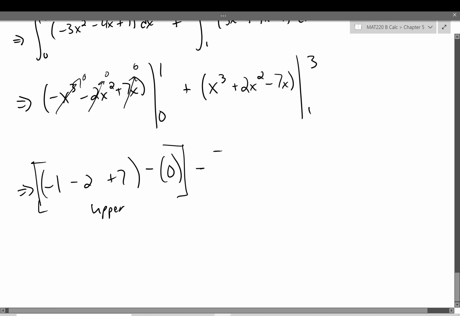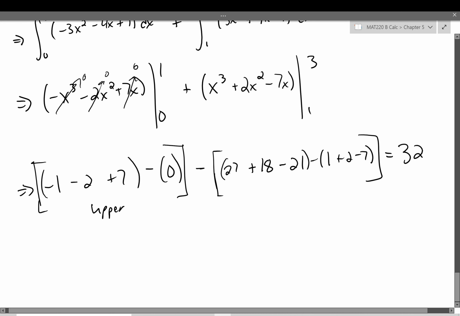Now my lower, this is going to be 27 plus 18 minus 21 minus 1 plus 2 minus 7. And when you type all this into your calculator the exact way it looks, you're going to get 32. Okay? You're going to get 32.